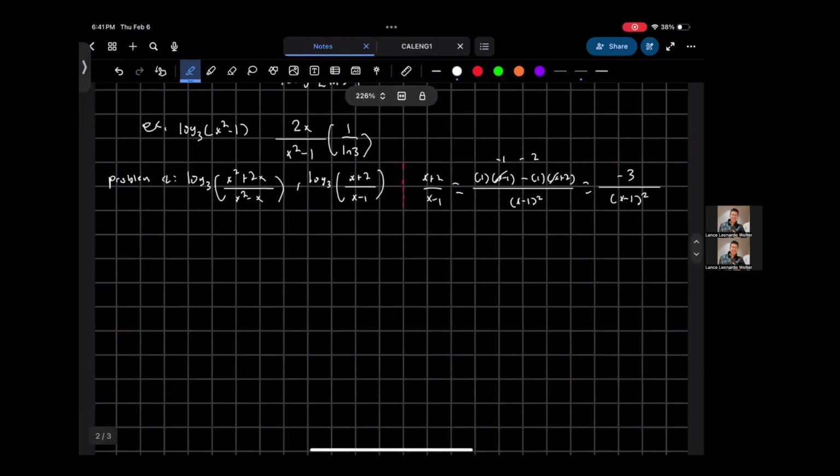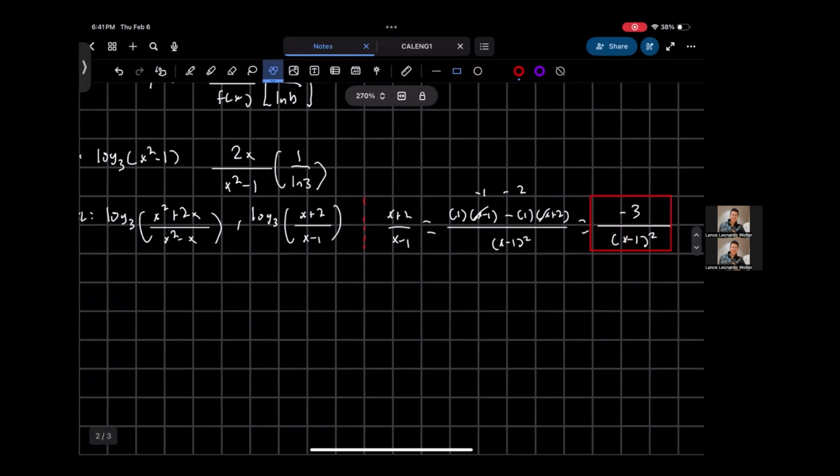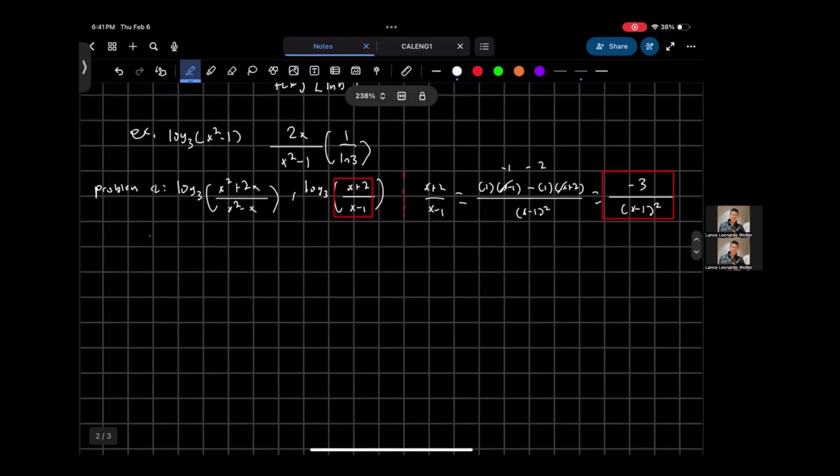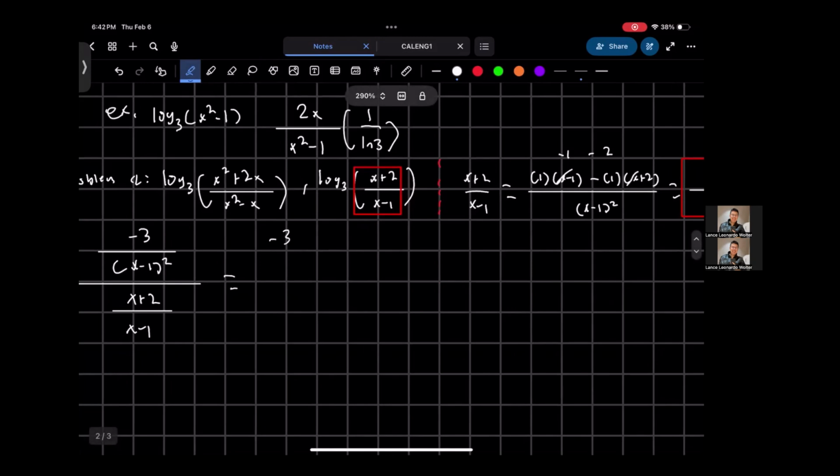But remember, that answer that we got here is the derivative of whatever's inside there. So this is not our final answer. So remember, -3 over x minus 1 quantity squared. We still have to divide this whole thing by your parent function, which is x plus 2 all over x minus 1. Okay? And this will just be equivalent to -3 times x minus 1 quantity squared times x minus 1 all over x plus 2.